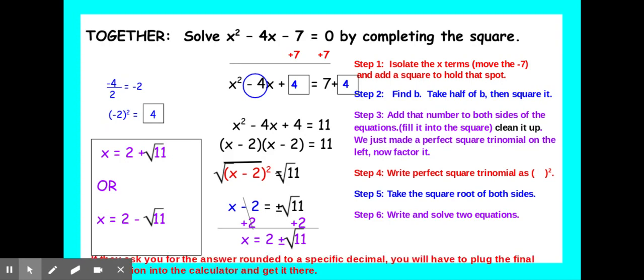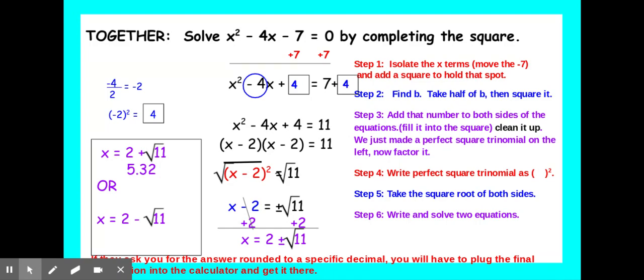What they're going to ask you sometimes is to round your answer to a specific decimal. So this is where you're going to have to plug it into your calculator. So if they said round your answer, let's just say to the nearest hundredth, you're going to put 2 plus radical 11 in your calculator, press enter, and you should get 5.32. And that should be the decimal approximation of 2 plus radical 11.